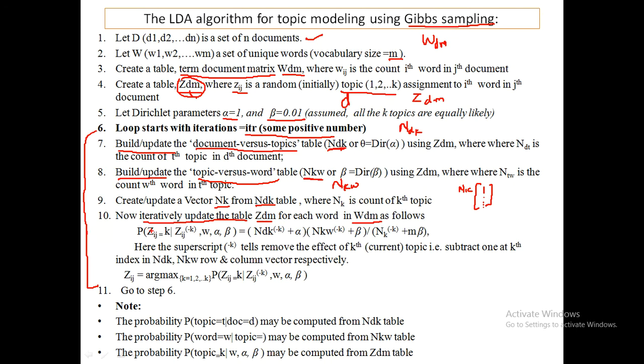The probability that the topic is equal to K given the set of words and alpha, beta Dirichlet parameters, and here Z minus K indicates that at the particular state we consider that all the values are fixed except the value corresponding to the kth document.